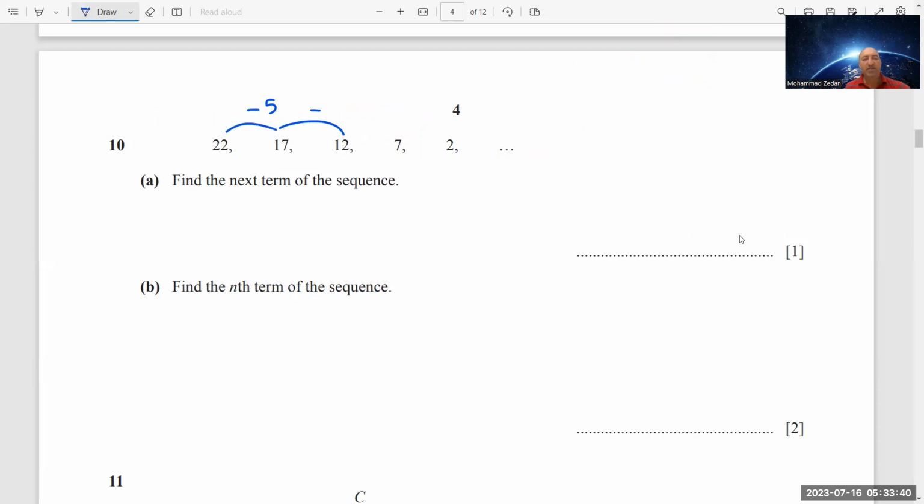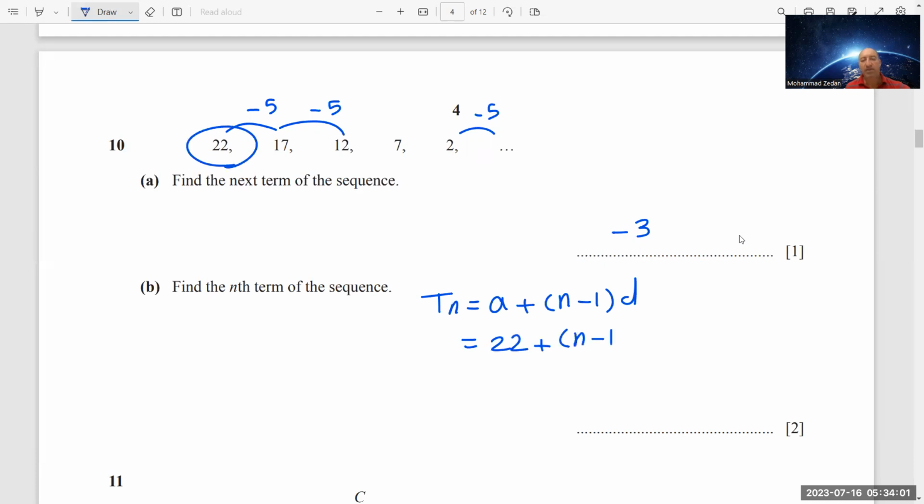I have a sequence, an arithmetic sequence, decreased each time by 5. The common difference now is negative 5. Find the next term. 2 here minus 5 will be negative 3. Find the nth term. I have a formula for the nth term, which is the first term plus n minus 1 times d, the common difference. A, the first term, as you see, is 22, plus n minus 1 times the common difference, negative 5.